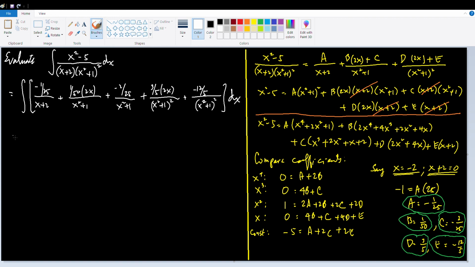So we integrate: negative 1 over 25 ln of absolute value of x plus 2, plus 1 over 50 ln of x squared plus 1, minus 2 over 25 arctangent of x, plus 3 over 5 times the power formula, so it becomes x squared plus 1 to the negative 1 over negative 1, minus 12 over 5.